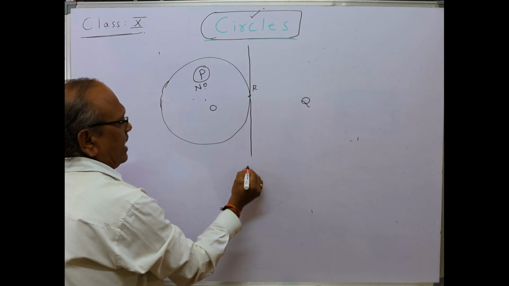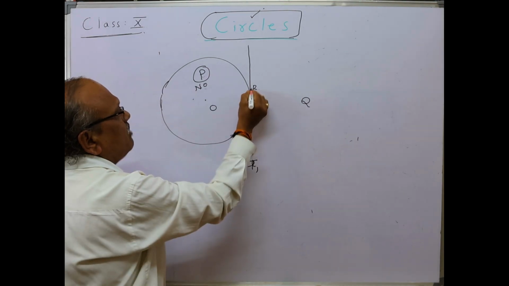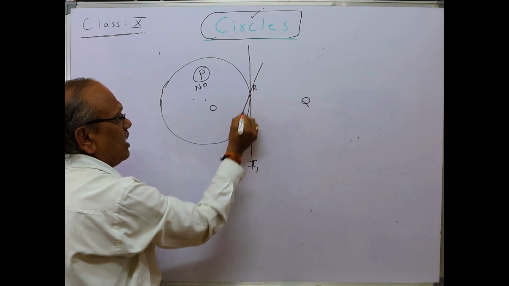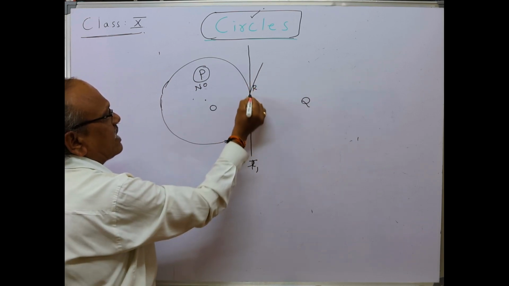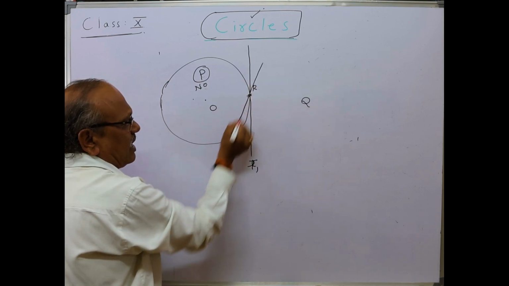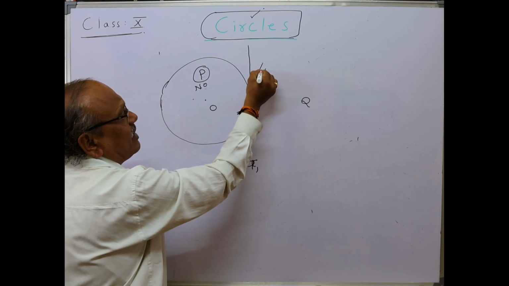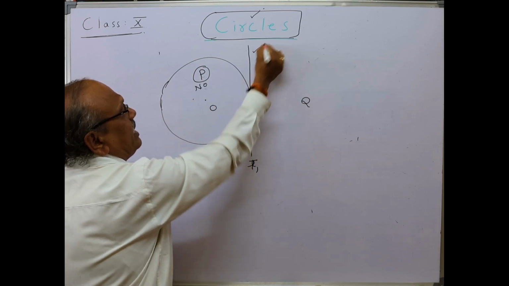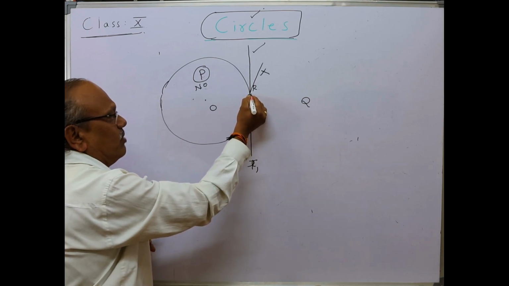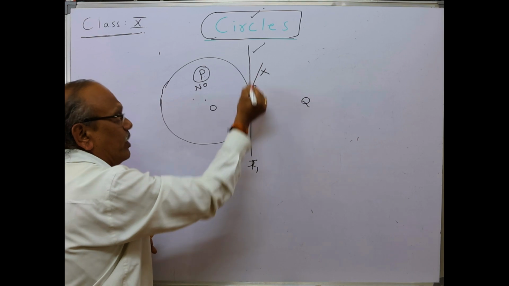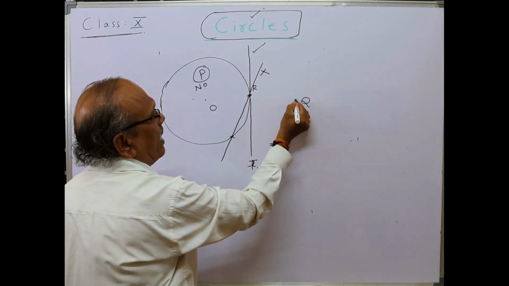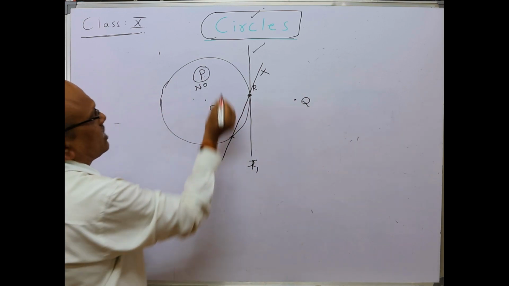Suppose that I take this tangent as T1 tangent. If I draw another line here passing through R, observe what it is doing. It is cutting this particular circle at 2 points. It becomes a secant but not a tangent. You can draw only one tangent from a point or at a point to a circle. Suppose that there is a point outside the circle. Maximum how many tangents can you draw from an external point?